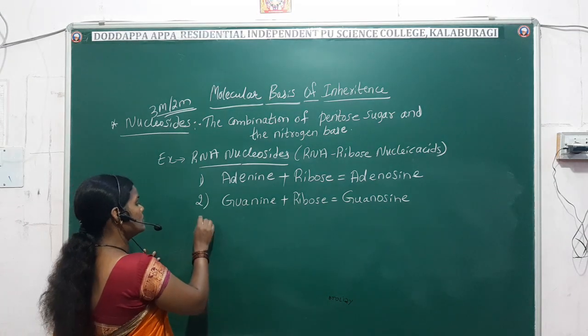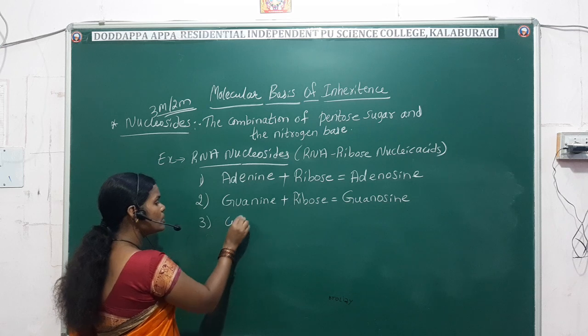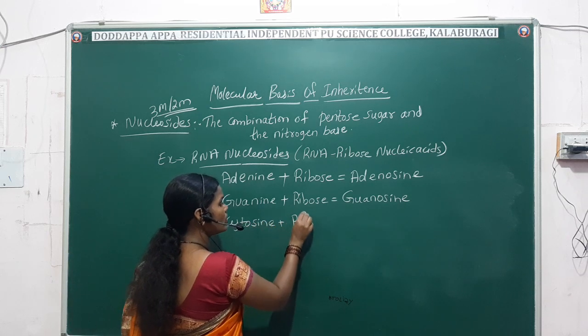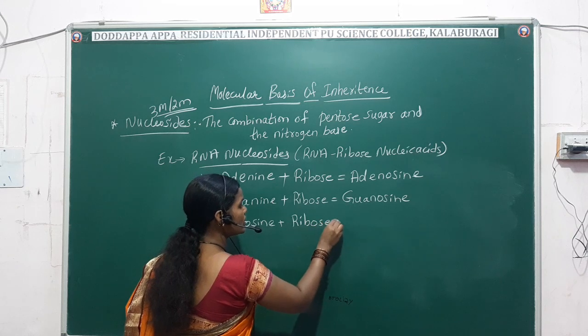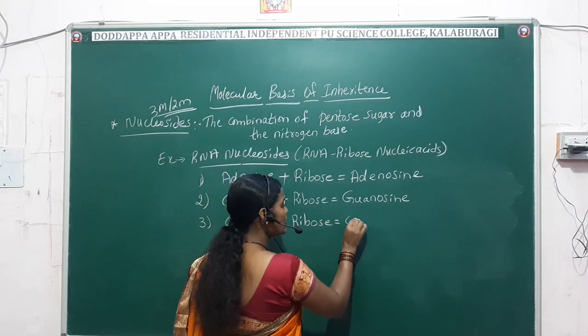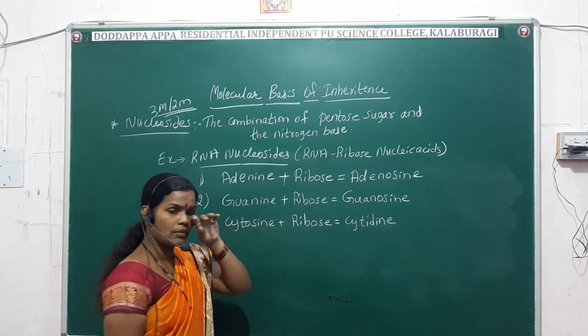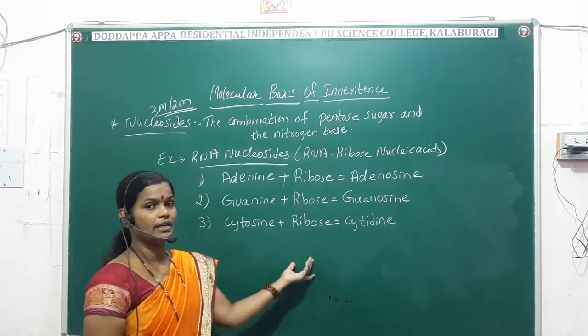Then the third one, cytosine plus ribose is equal to cytidine.